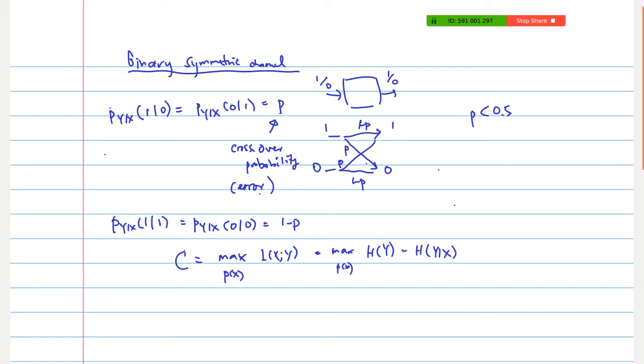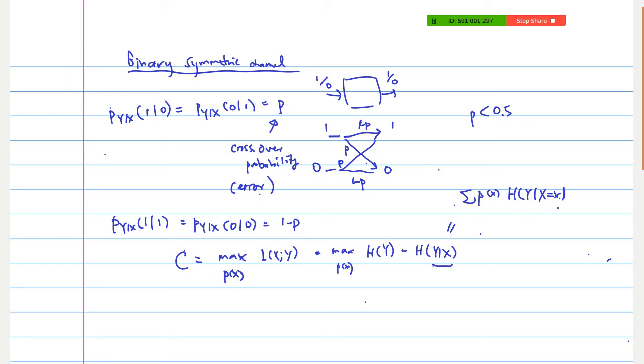And of course, Y given X is fixed, right? The conditional probability is fixed, because this one here is actually equal to the summation of p(x) times H(Y given X equal to small x).